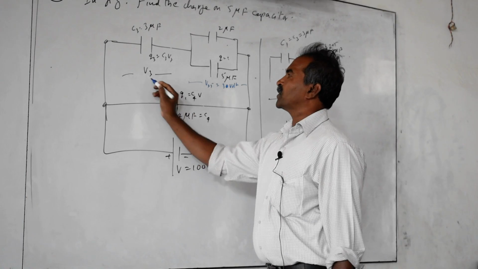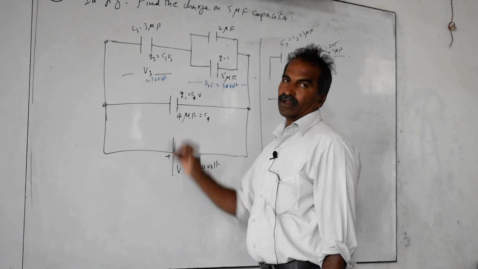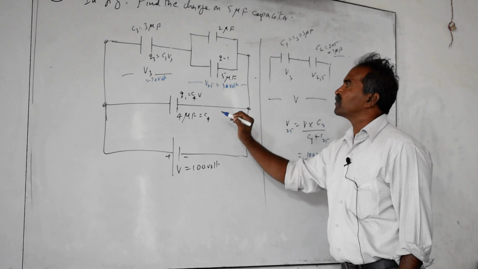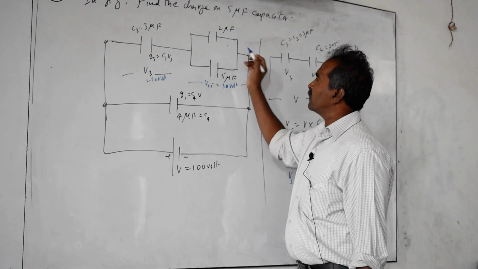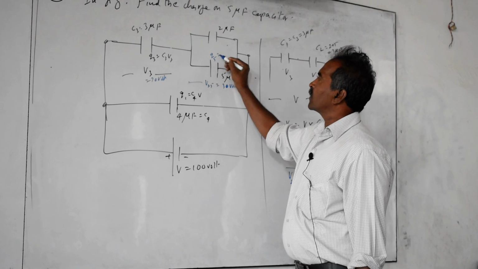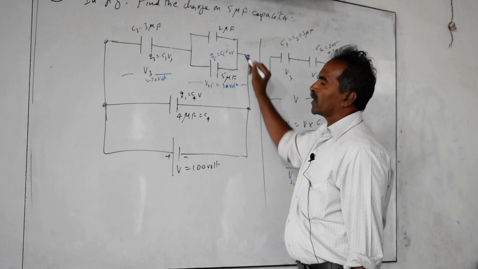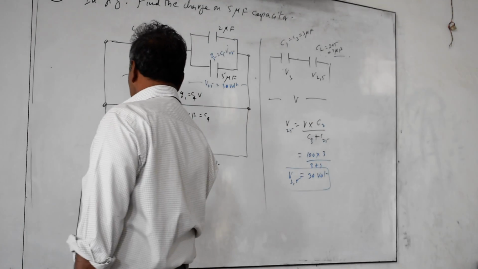This is 100, so automatically the remaining voltage is 70 volts. So what is the charge on this? The voltage across this is the same, no? The charge here, I will take this as Q5, equals the capacitance C5 into this voltage V25.